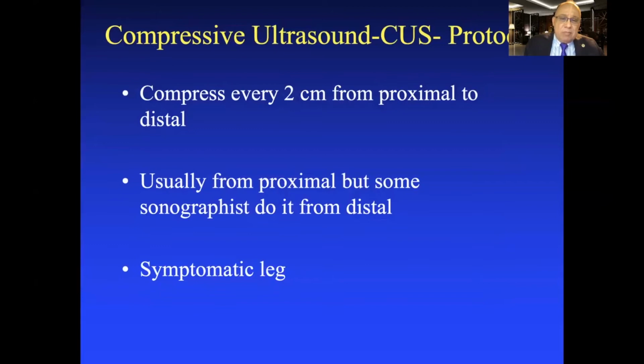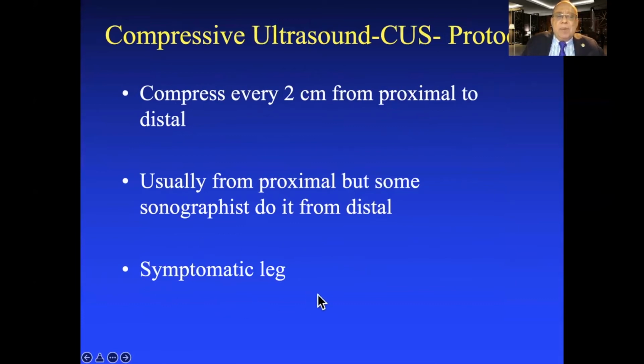Usually from proximal, but some sonographers do it from distal to proximal. But most of the centers perform the test from proximal to distal. In our lab in Caracas, Venezuela, we do it also from proximal to distal.